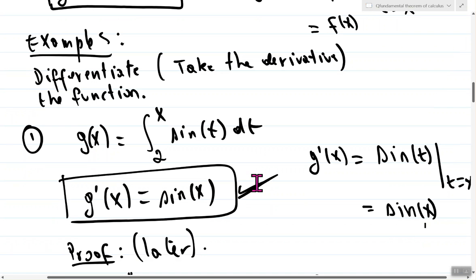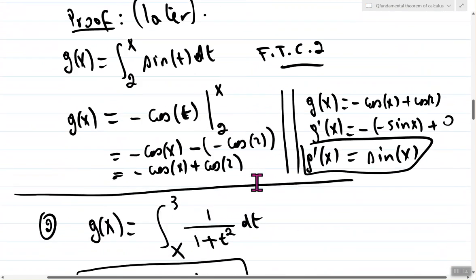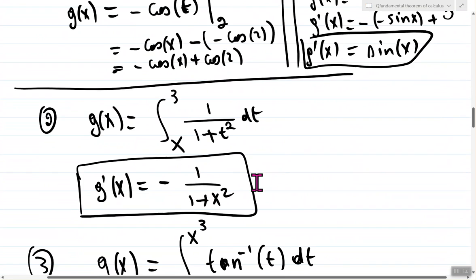Now, if you have a different problem, like this one, g of x equals the integral from x to 3 of 1 over 1 plus t squared dt, they still ask you to find the derivative.